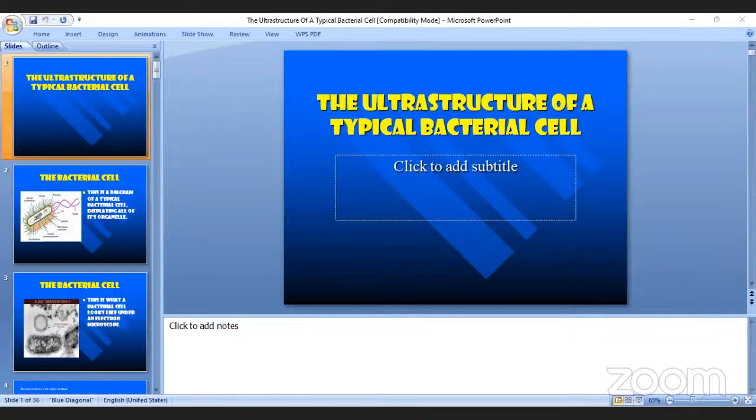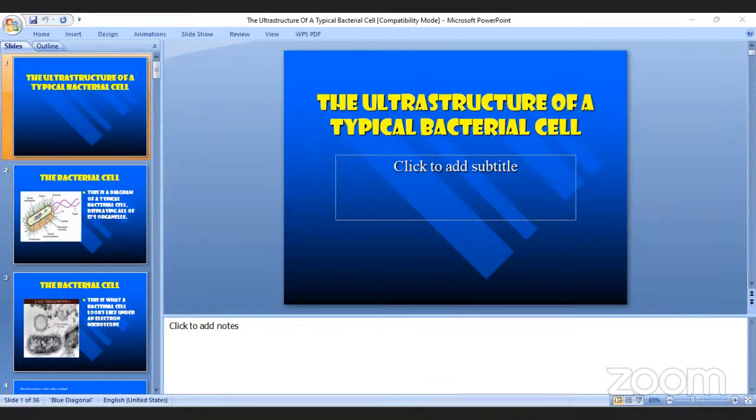Sir, we are not able to see the PPT. It is stuck on the ultrastructure of the typical bacteria cell. I'm not able to see other slides. Just wait. Okay, sir. Yes, sir. The first page is showing. What do you observe now?